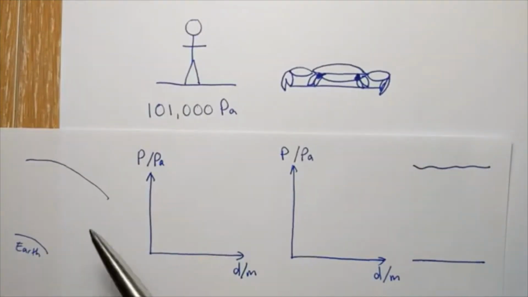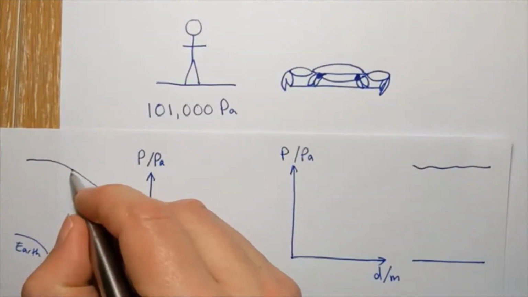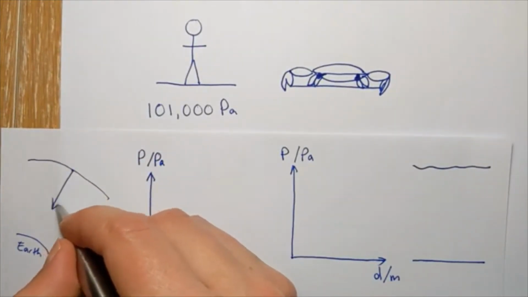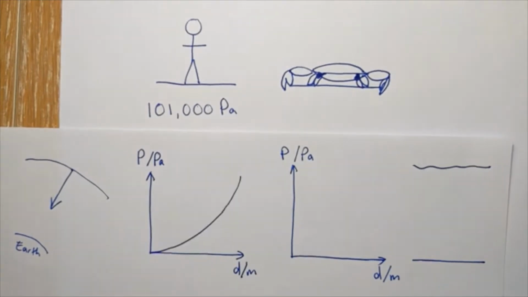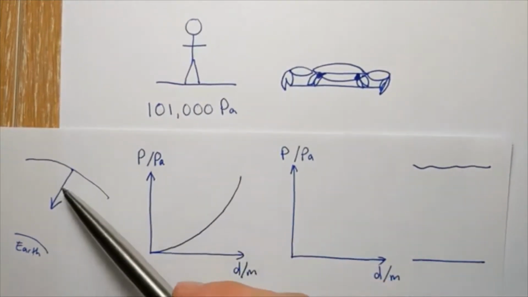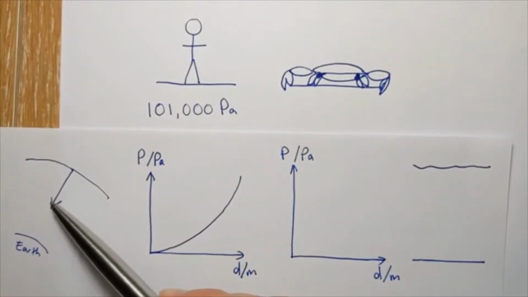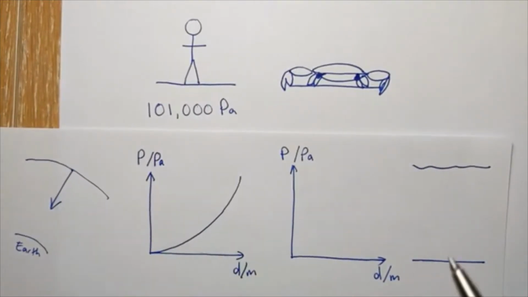So let's say you're right at the edge of the Earth's atmosphere, and then you're going to go deeper and deeper into the atmosphere, so you're going to have more and more air above you. The pressure is going to increase non-linearly, and that's because the gas particles get squashed together, so that the gas gets more dense as you come further and further down.